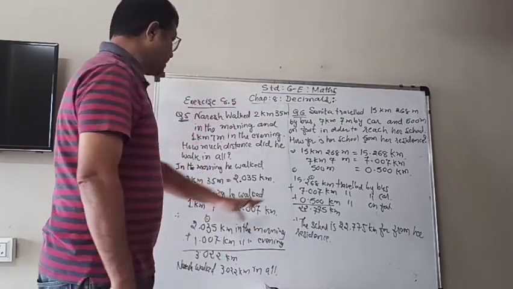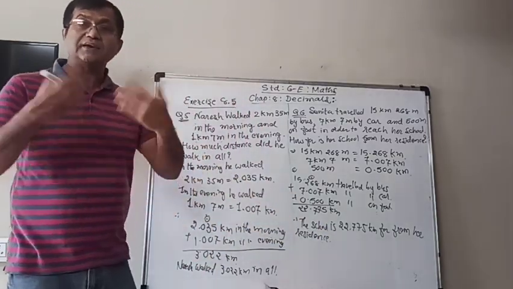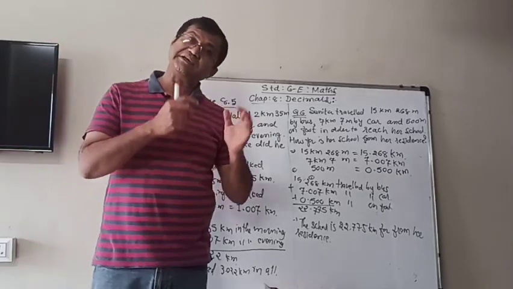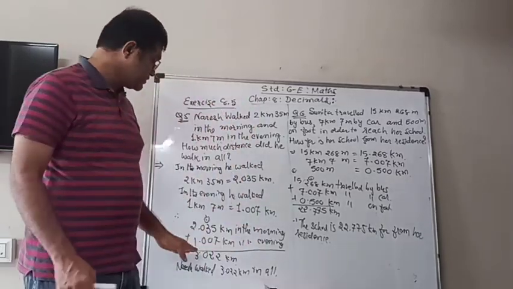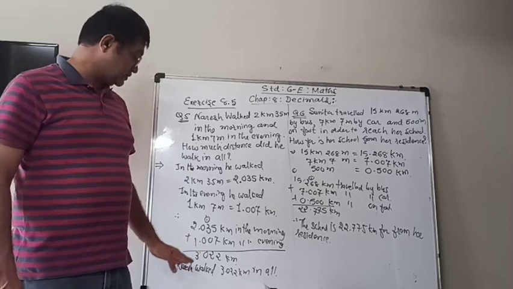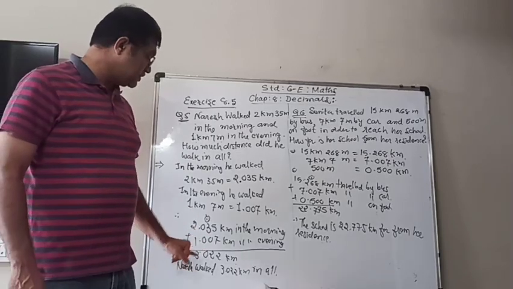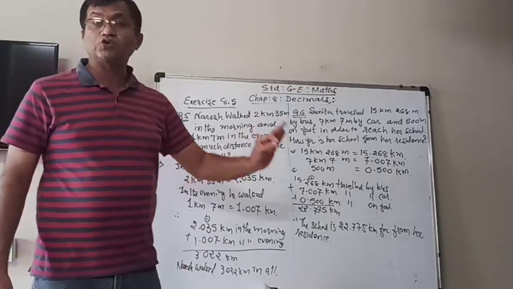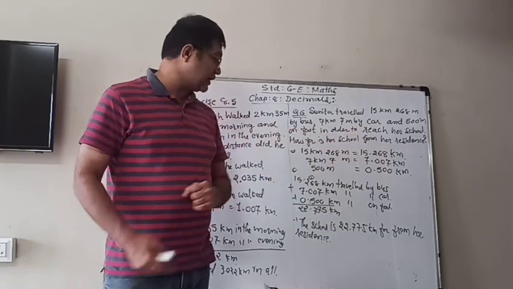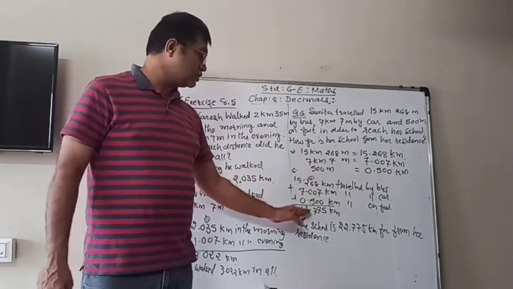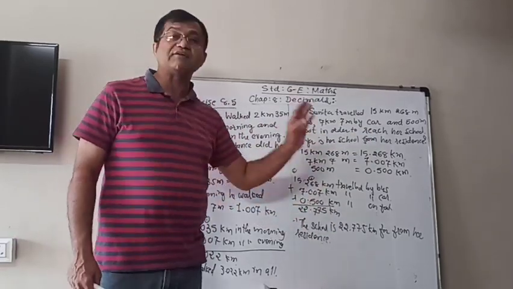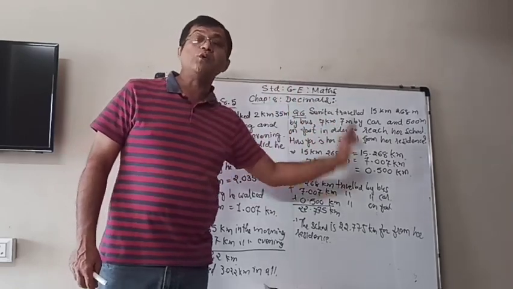Both these answers you can write down again by separating them into kilometer and meter also. For example, here you can write that Naresh walked 3 kilometer and 22 meters. Or here you can write the answer as 22 kilometer and 775 meter.